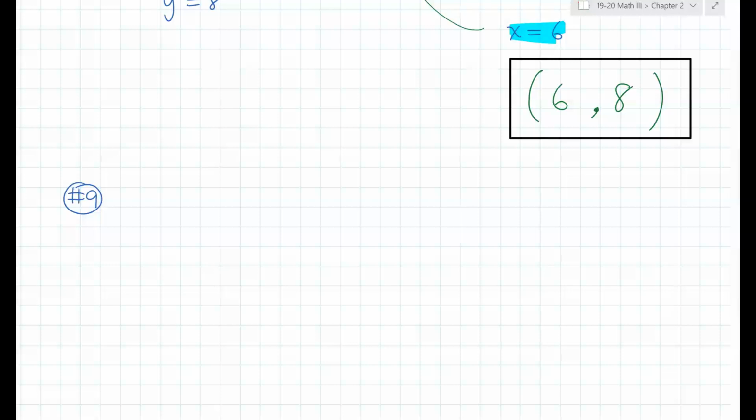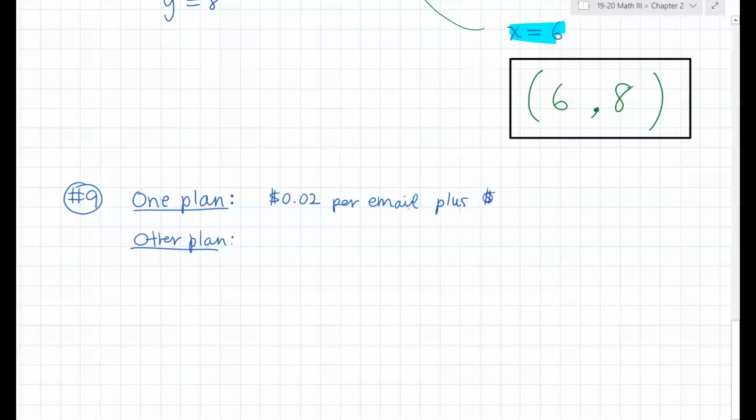So let me just write that out real quick. So one plan, and then other plan. I just want to write down what they say. One plan is 2 cents per email plus $9 monthly.